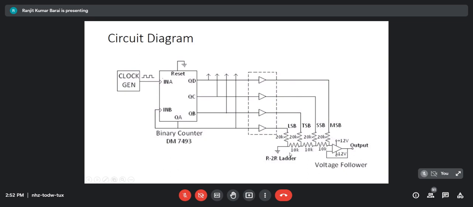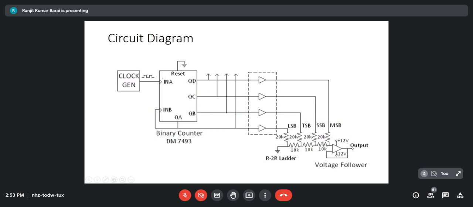So you can see that the circuit of the D to A converter is a 4-bit D to A converter, a very simple one. It has R as 10 kilo ohm and 2R is 20 kilo ohm. Okay, so we have 4 stages, 1, 2, 3, and 4.